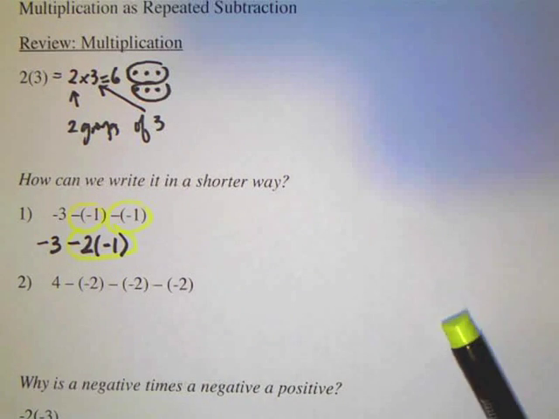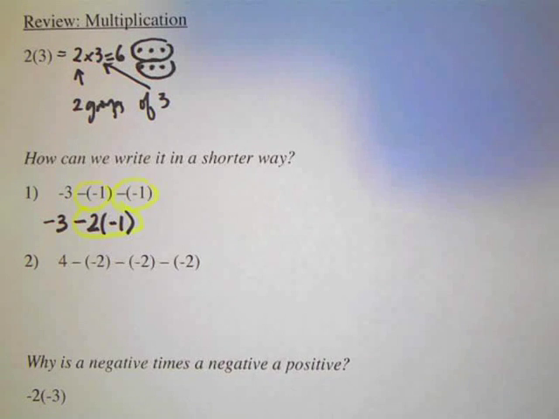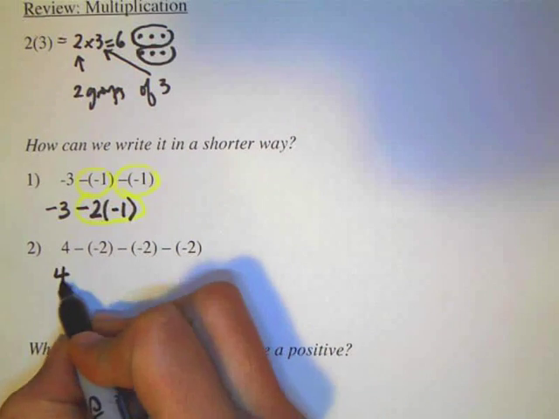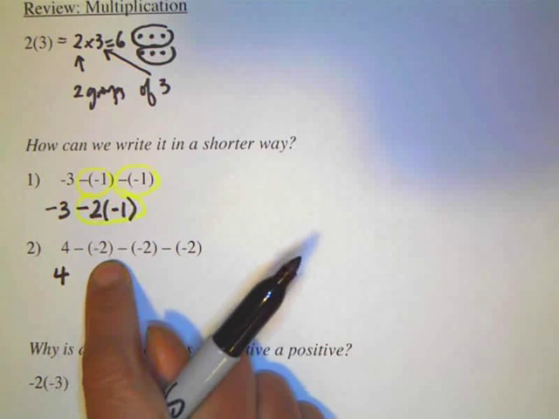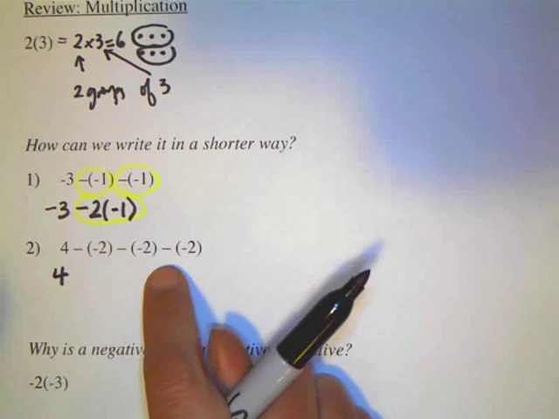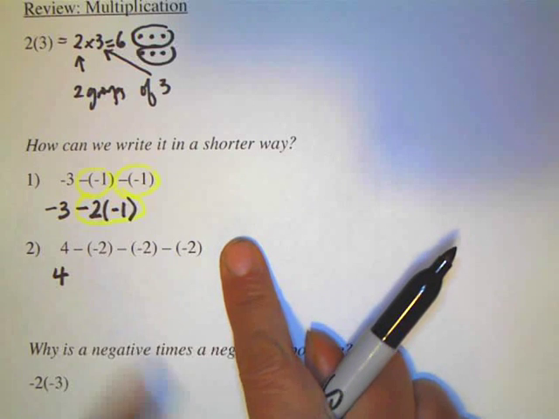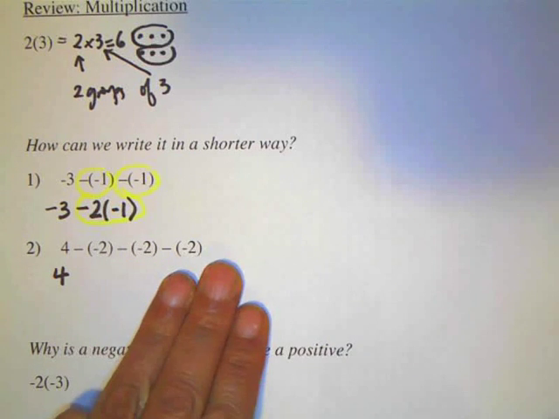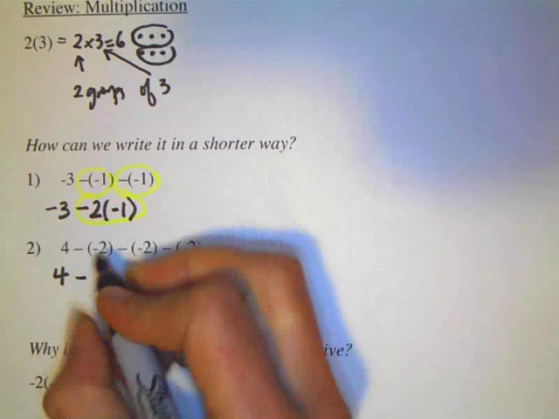It's good to pause and see if you can do the next problem before I show it. So I've got 4, and I'm taking away -2, taking away a -2. I'm taking away one -2, a second -2, a third -2. So what am I doing in terms of writing it in a shorter way?